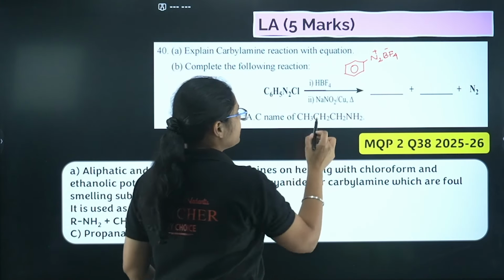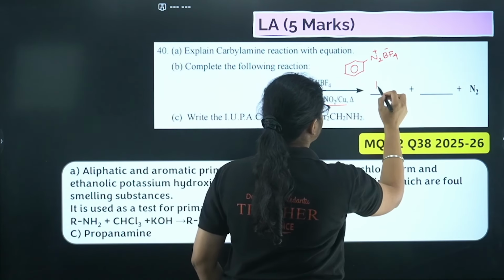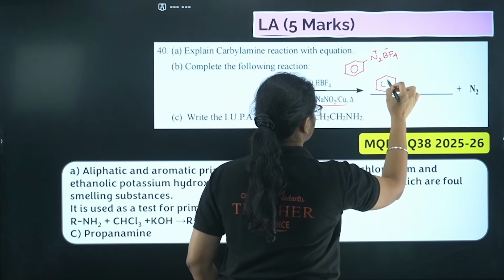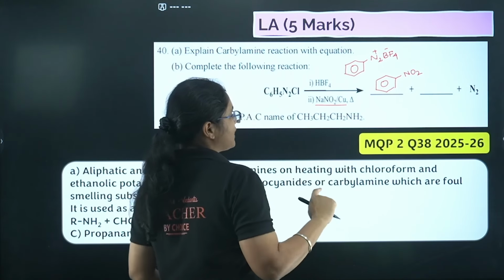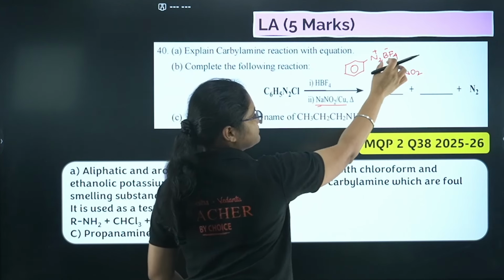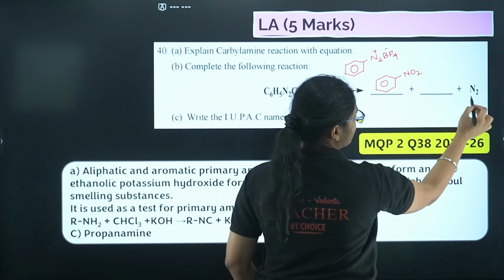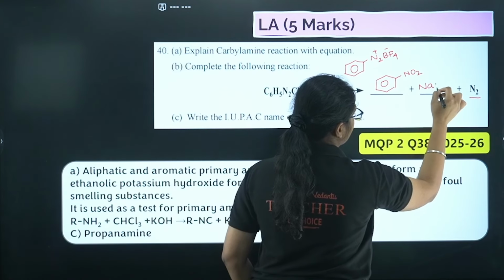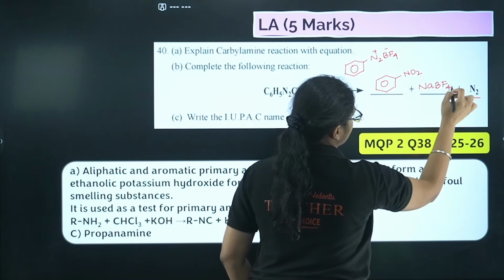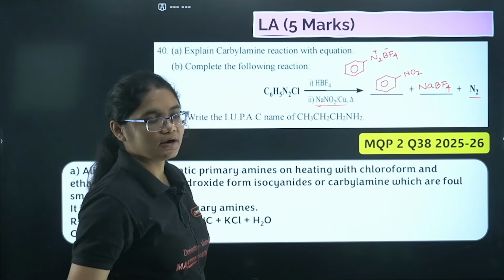Now on treating with NaNO2 and Cu, we get the compound with NO2. N2 gas is produced, BF4 minus is there, Na plus is there, so you will get NaBF4. That is the product formed here.